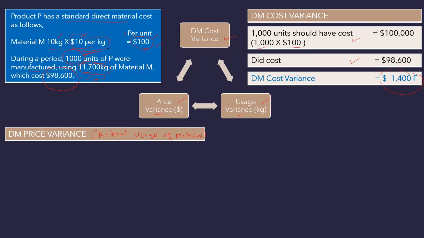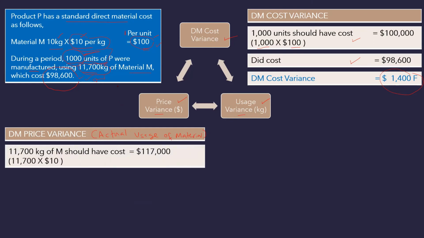So 11,700 kg of material M should have cost 11,700 times 10, which is $117,000.